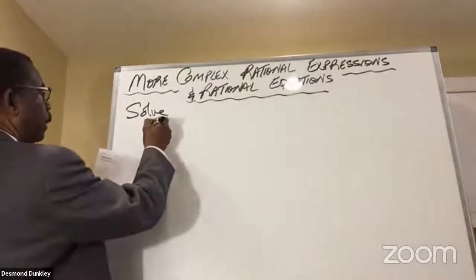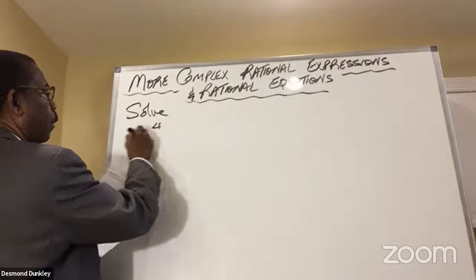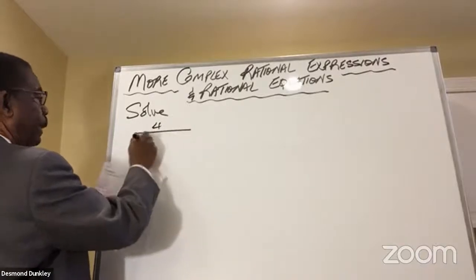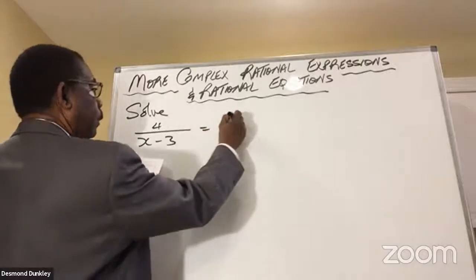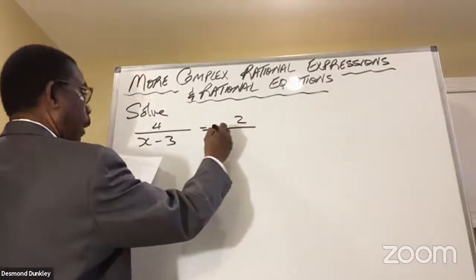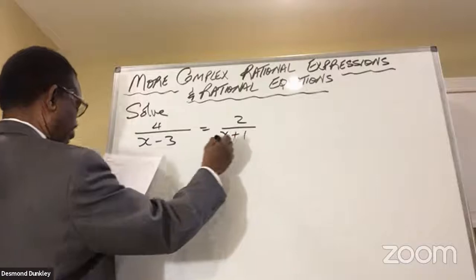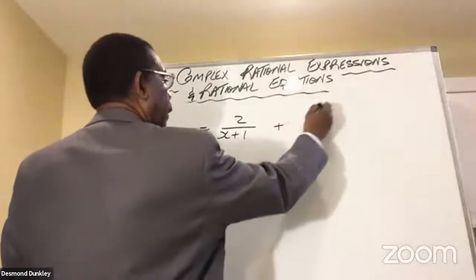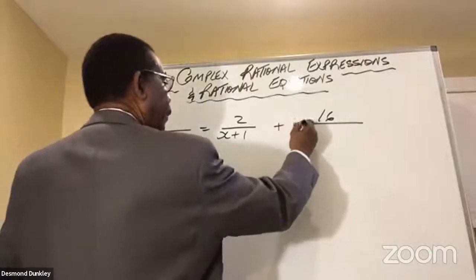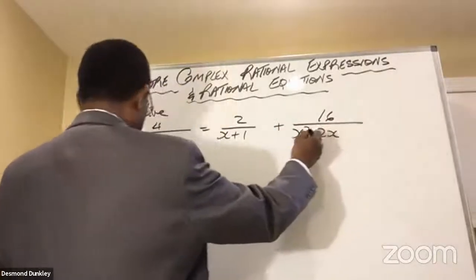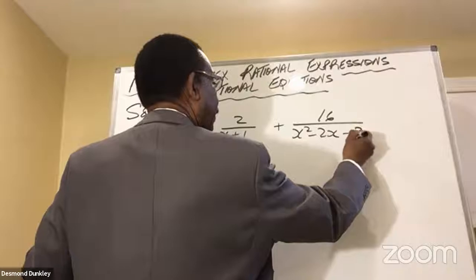This one says 4 over x minus 3 equal to 2 over x plus 1 plus 16 over x squared minus 2x minus 3.